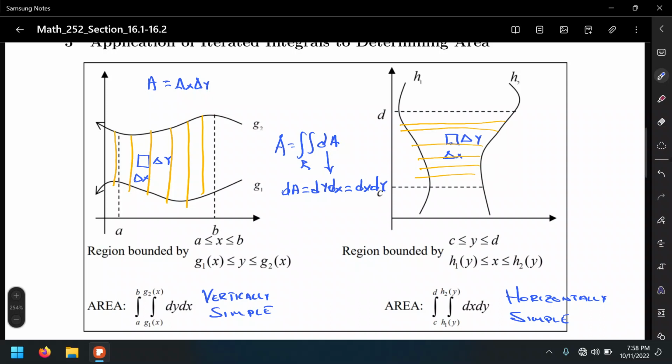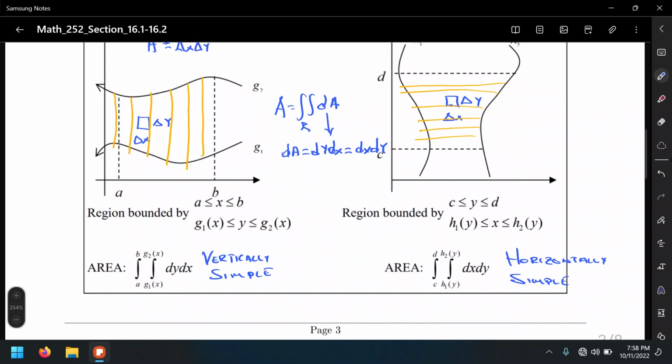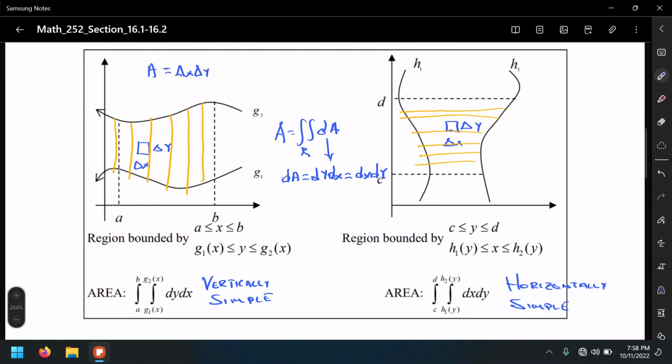In some cases, the order won't matter as well. We will look at a couple of examples so we can see in which cases it's better to treat the situation as vertically simple or horizontally simple. In fact, for some of them, we're going to do both just to verify that we should get the same result regardless of the order that you take. Alright, so let's look at one example.